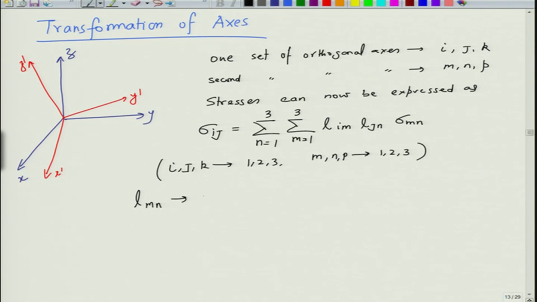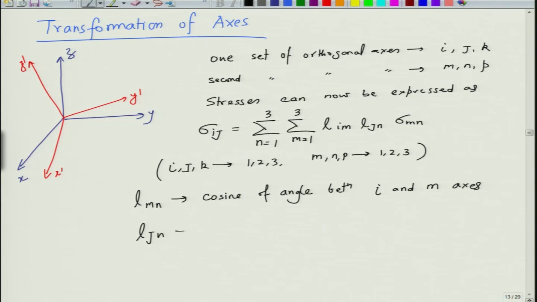So, essentially we are using the characteristics of matrices, and L im here is defined as the cosine of the angle between the i and m axes. Similarly, L jn here would be the cosine of the angle between the j and n axes.